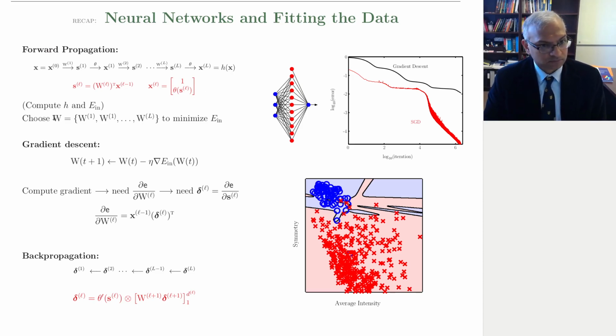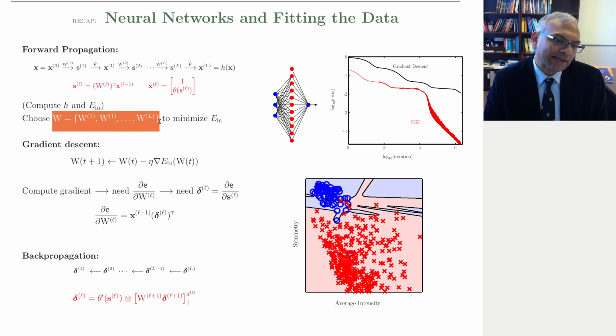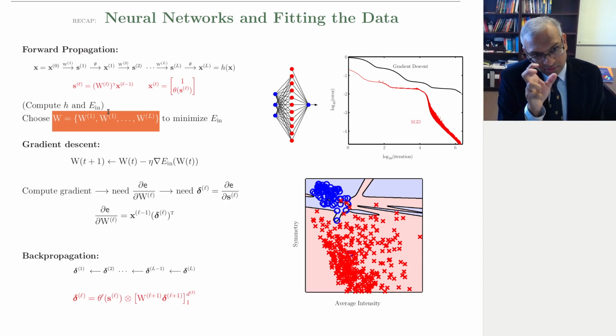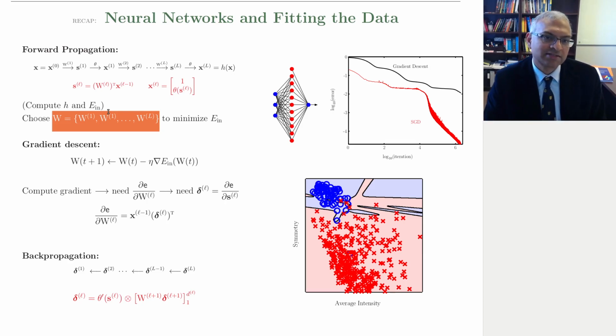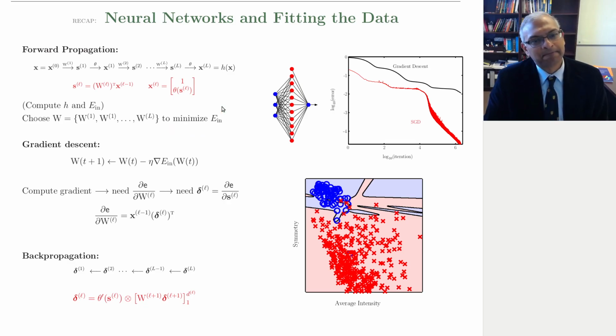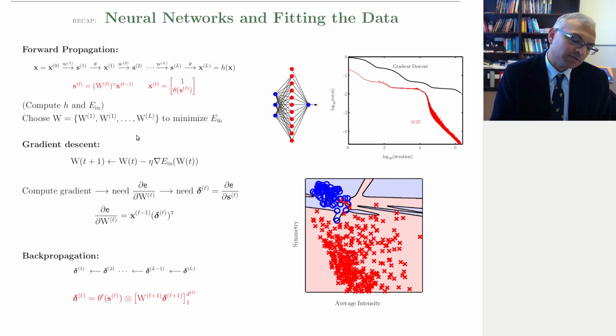Of course, you can compute the output once you have chosen all the weight matrices that are going into every layer. But when it comes to choosing those weight matrices, we need a principled way, and the natural way is to fit the neural network to the data, i.e., choose all your weight matrices to minimize the in-sample error. That's non-trivial because minimizing the in-sample error involves computing a gradient.